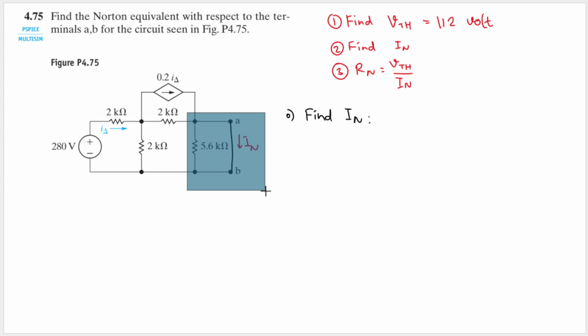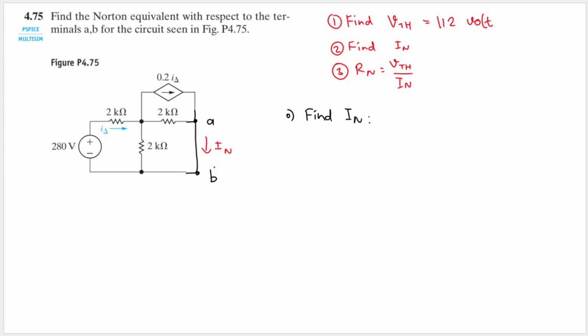Okay, let's do it like this. So we have our simplified circuit here, and remember this is now A, and we shorted this. Good. B. And so we will have IN is this one here.